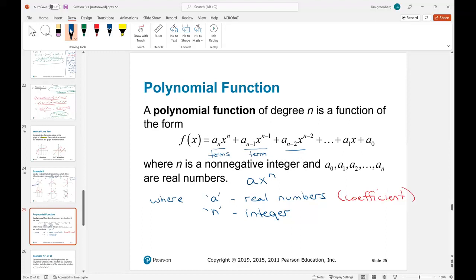So it would be -2, -3, -4, 0, 1, 2, 3, 4, any whole number. 3.5, no, that's not a whole number. That's not an integer. Okay, so it has to be an integer greater than or equal to 0. Okay, and this is called the degree.